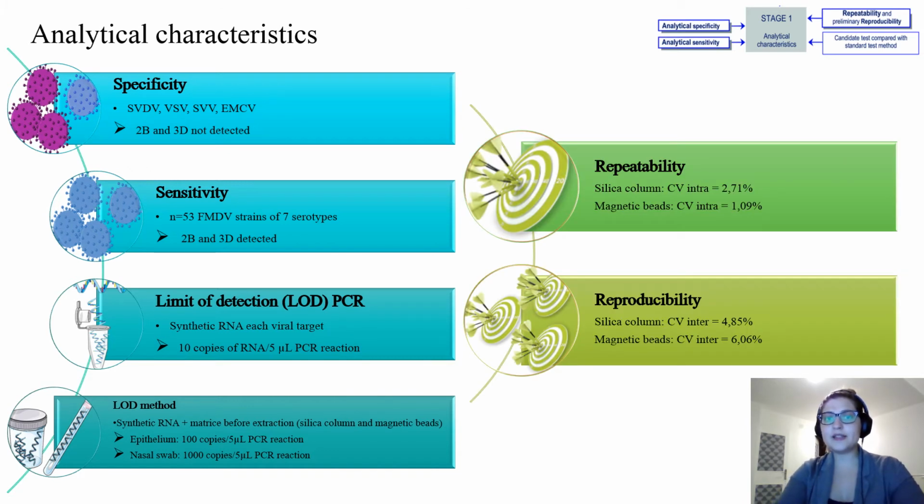The repeatability is estimated by evaluating variation in results of 3 replicates of 5 samples in 2 sessions. The intra-session coefficient of variation of our extraction methods is estimated to be about 3% for silica columns and about 1% for magnetic beads.